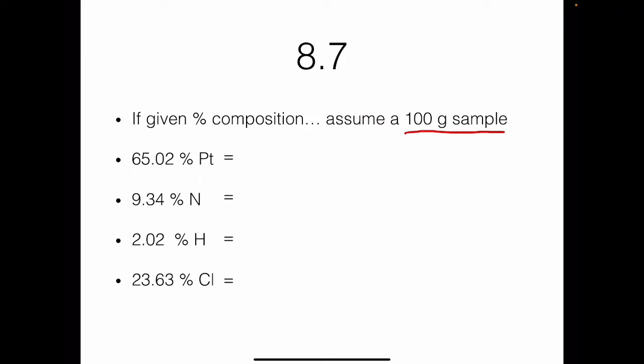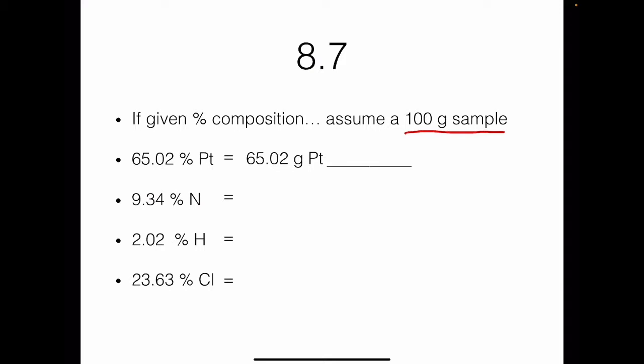So 65.02% of 100 grams is 65.02 grams. Now, since I'm determining the empirical formula, what I want to figure out is the mole ratio of one element to another, which just means I'm going through the same process I did before.